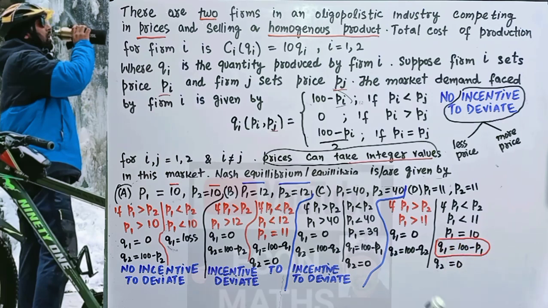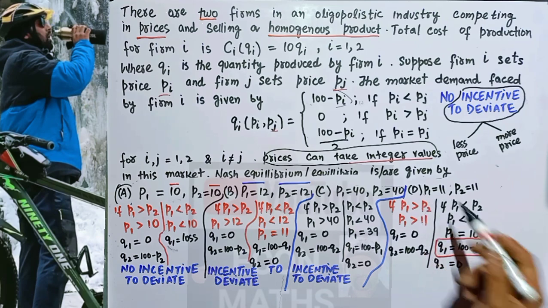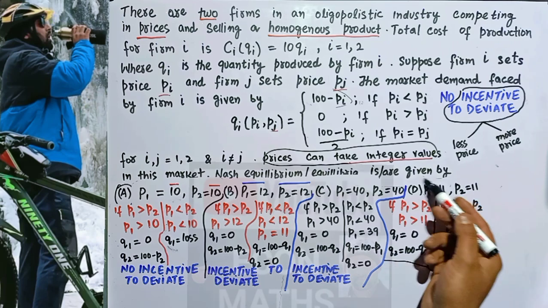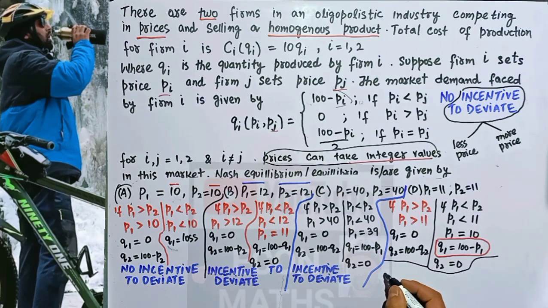But if you see clearly, when firm 1 was charging a price of $11, sticking to his initial strategy, the marginal cost was 10. That means firm 1 was making positive profit.